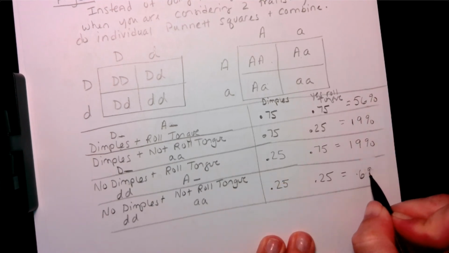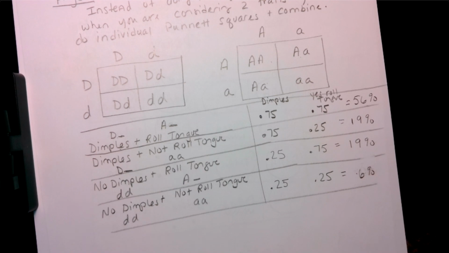All right. And now all of these numbers that we just wrote down, they should add up to very close to 100. So if we do 6 plus 19 plus 19 plus 56, I get 100.